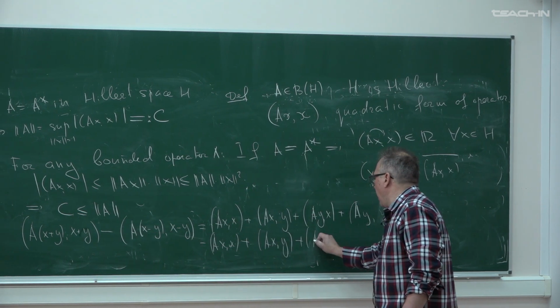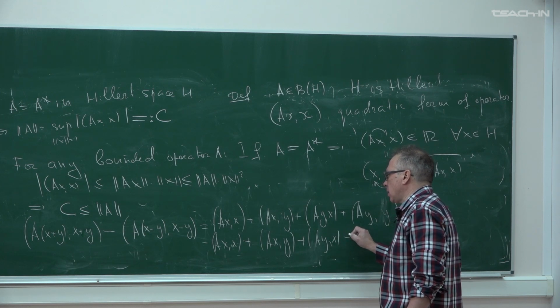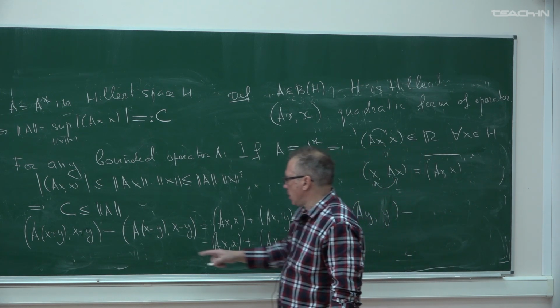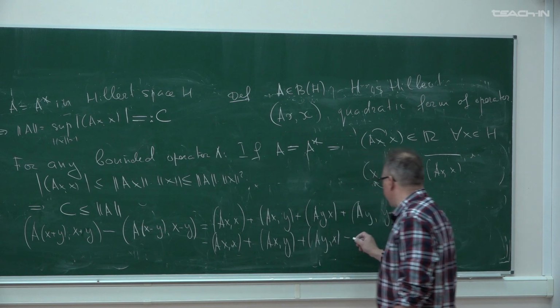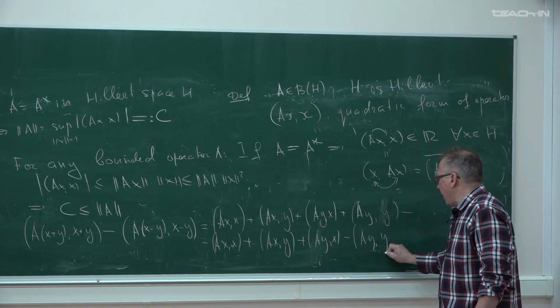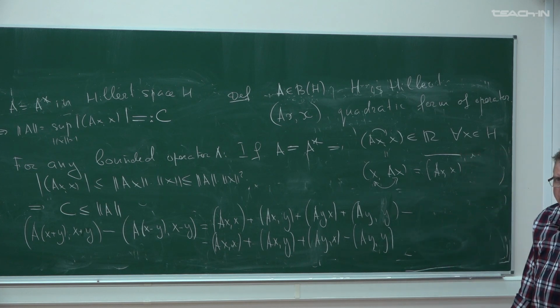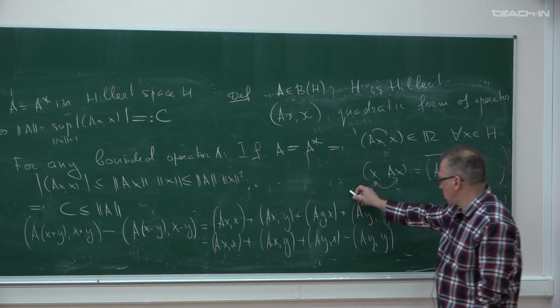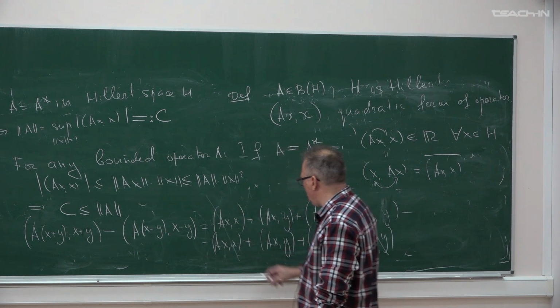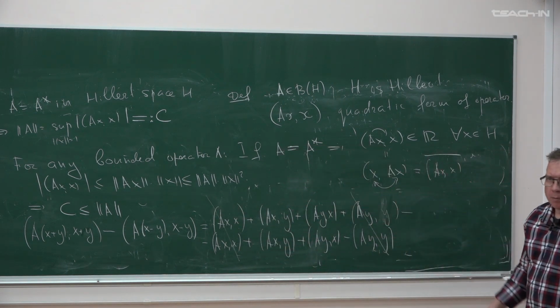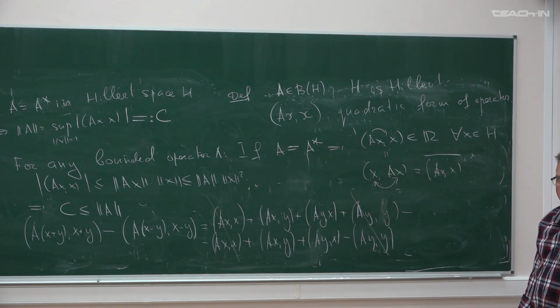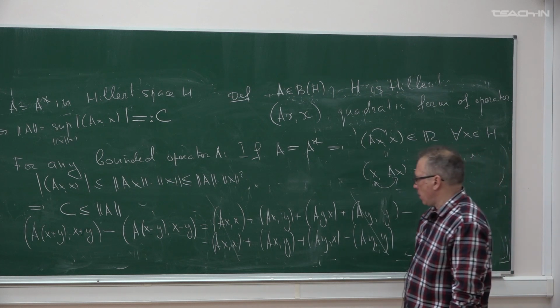So AYX, and here three minuses: 1, 2, 3. So minus AYY. So this goes away, this goes away. What about the middle terms? These are twice.